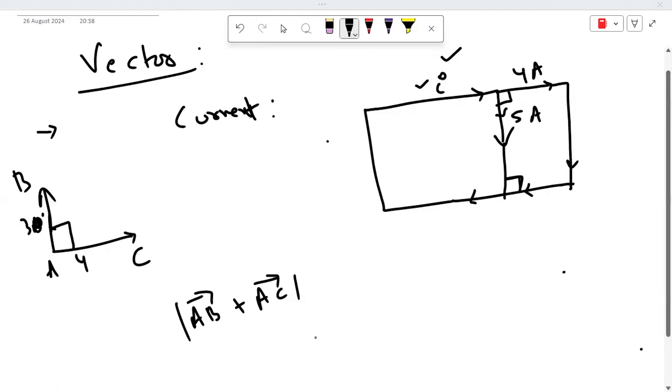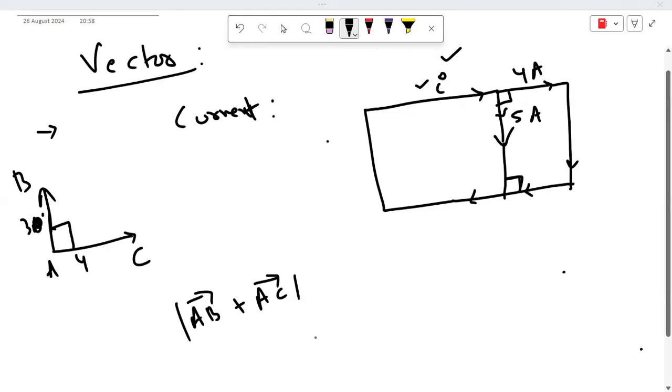You guys are all from science background, right? As per I know. Yes, sir. You guys have finished electrostatics of class 12. Okay.